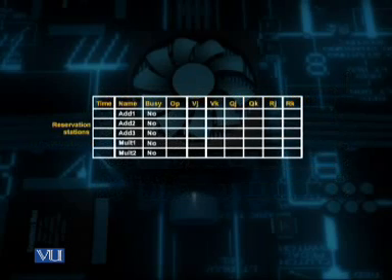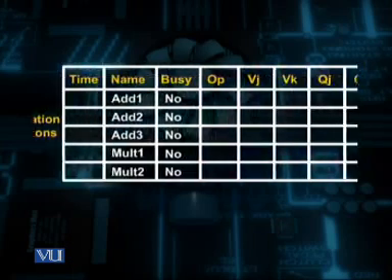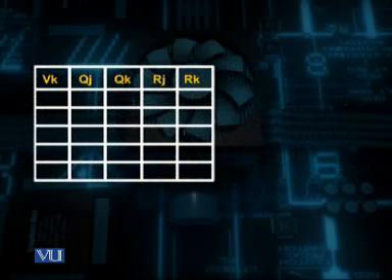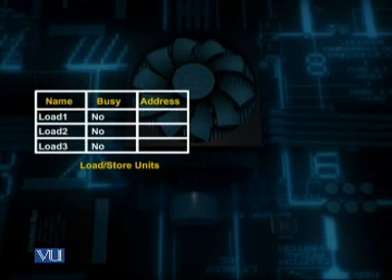Whereas the reservation station table contains 6 fields, that is the busy field, operation field, VJ, VK, which are the source values, and QJ, QK, which are the reservation stations for J and K. Along with this, the integer unit is specified separately, which is shown over here as load 1, load 2, load 3, etc. So in this particular case, we are assuming that there are 3 integer units available.